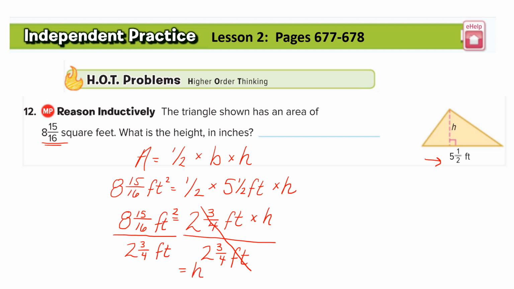In your calculator, you're going to do 8 15/16 divided by 2 3/4, and you're going to get 3 and 1/4.